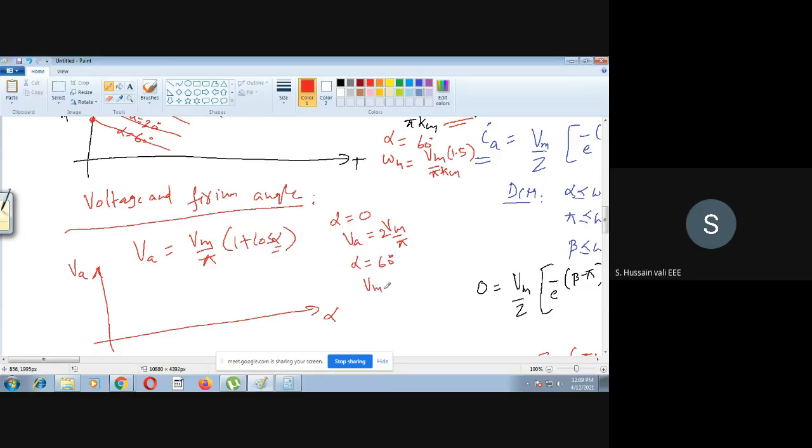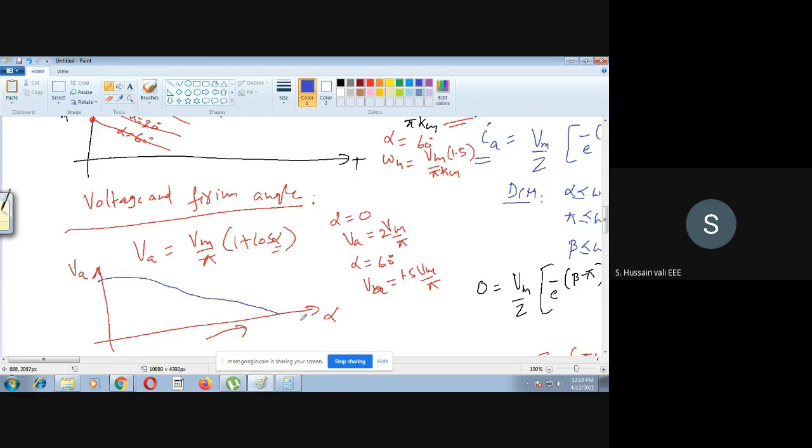Then Va is equal to, cos 60 is 1 by 2, so 1.5 Vm by pi. So you see the graph will decrease like this. So when I increase the value of alpha, the Va value will decrease. So let me draw the graph here.